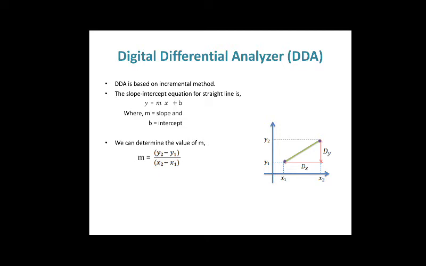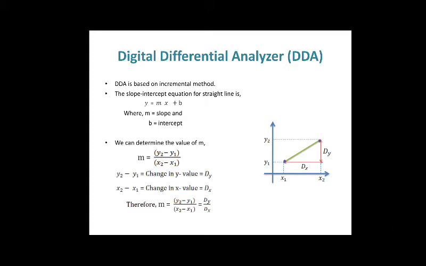The height of that line is y2 minus y1. Width is shown by the x coordinate, so the width of that line is x2 minus x1.